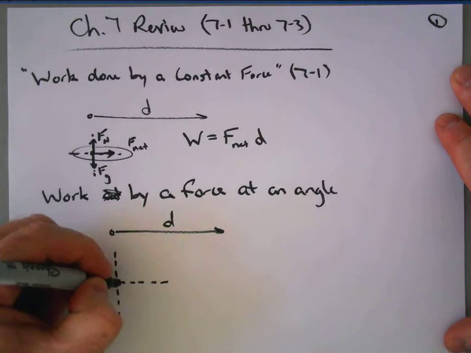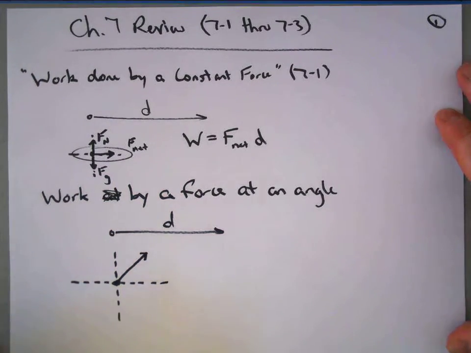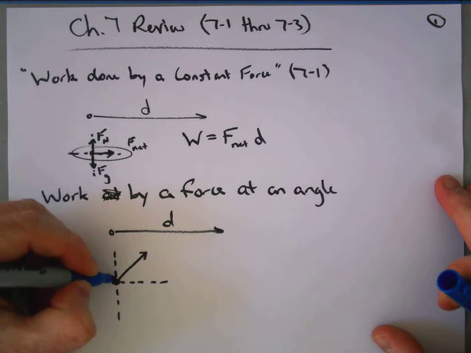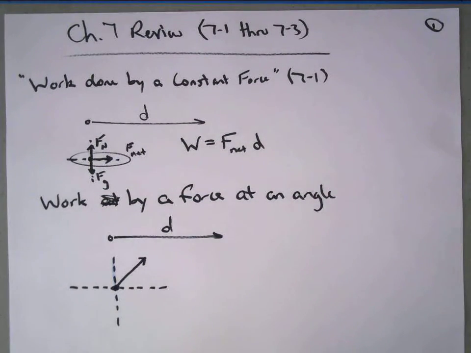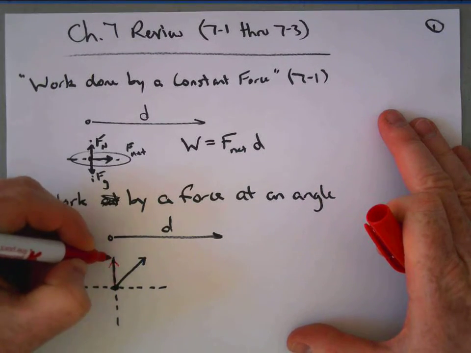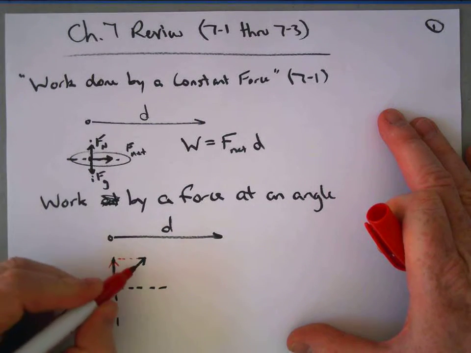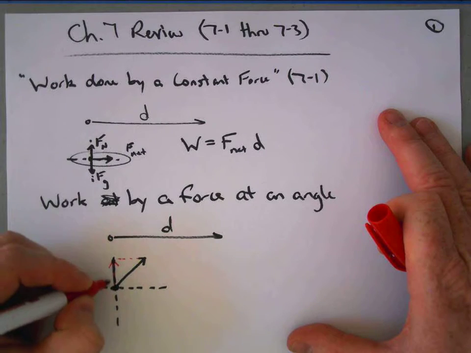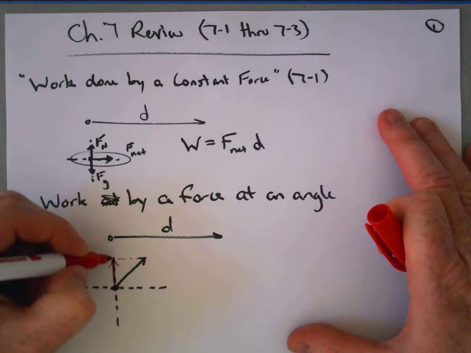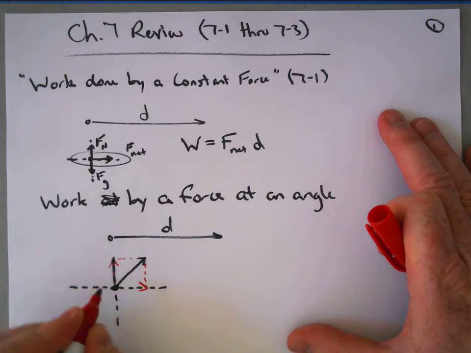We might have a force applied in this direction. We have a component of this force in the positive y direction, and we will have a component of this force in the positive x direction.